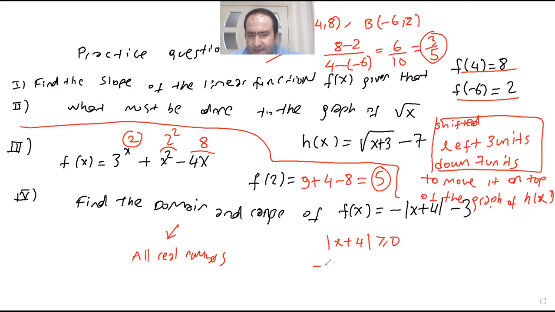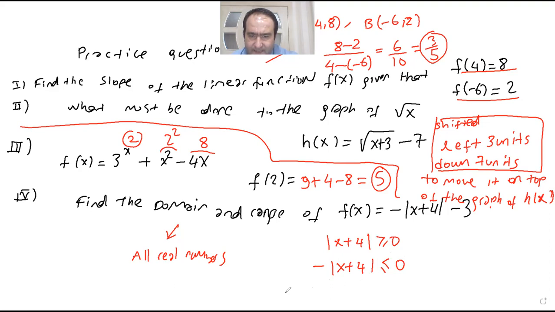Multiply by minus, the inequality turns and changes its sign.